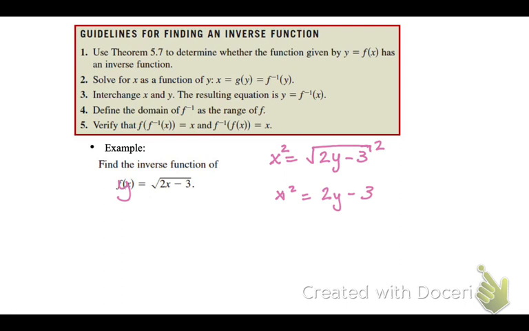You guys are used to solving for x. That's why I'm going to keep asking you, what are you solving for? So, what do you have to move first? The 3, and then do what with the 2? Divide. So, f inverse of x equals x squared plus 3 over 2.